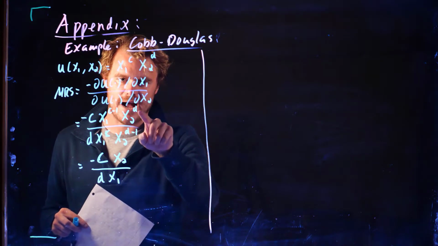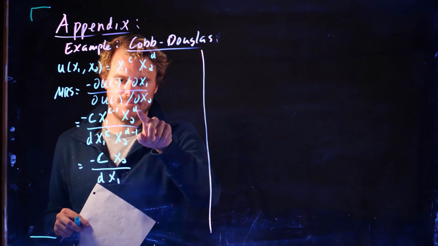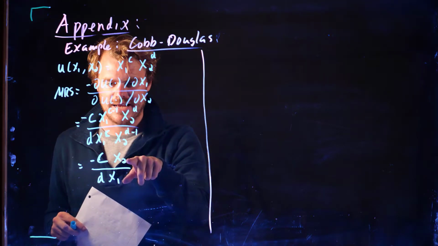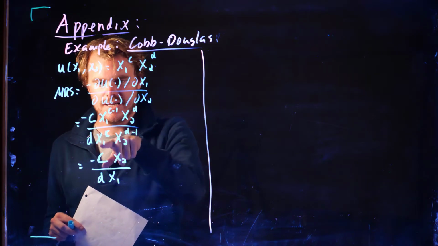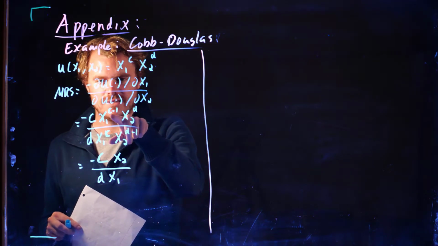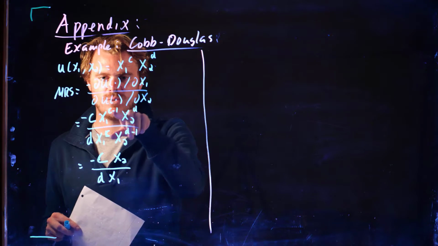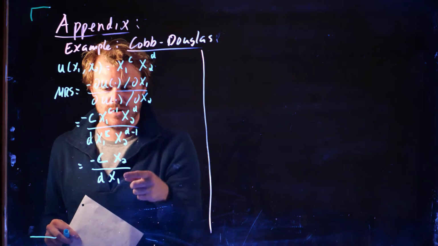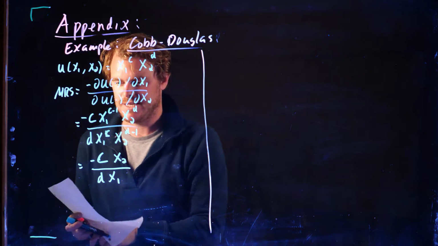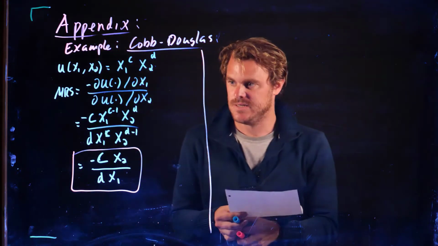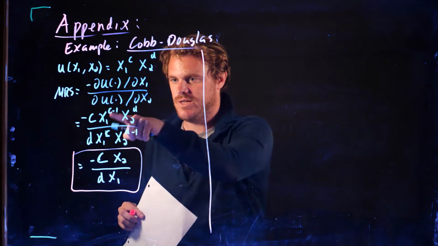Well, that's like subtracting, d minus d minus 1, which ends up being 1. So that's why x2 is in the numerator. x1 to the c minus 1 minus c is just equal to x1 to the minus 1, and x1 to the minus 1 just puts it in the denominator. So that's what's going on there. Hopefully that's not too bad for you to rearrange a little bit in your head.